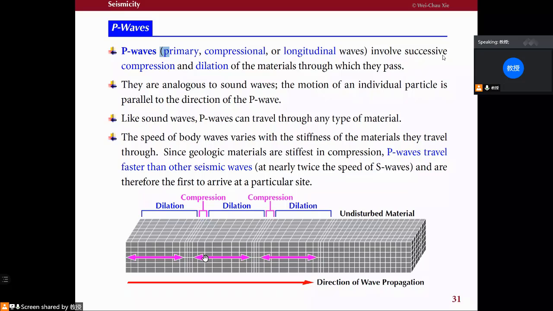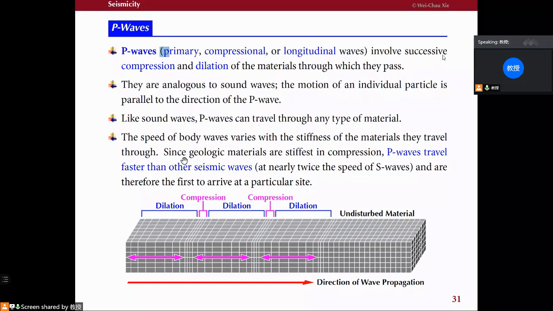compression, dilation. Like sound waves, P waves can travel through any type of material. The speed of body waves varies with the stiffness of the materials they travel through.